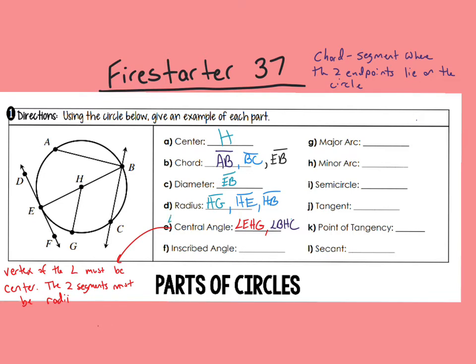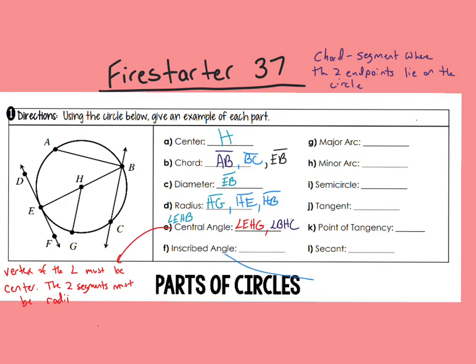So you even have another one, which probably would be the last one you would pick. EHB would be this angle. You couldn't say anything like ABH. That would not be a good one because the vertex is B, and that lies on the circle. It's not the center of the circle. Okay.